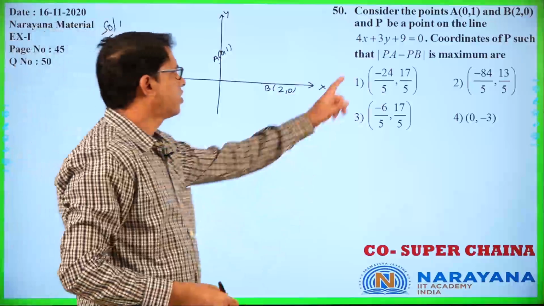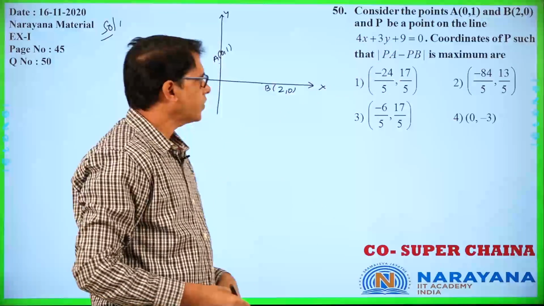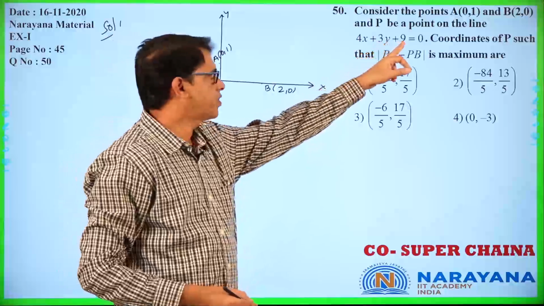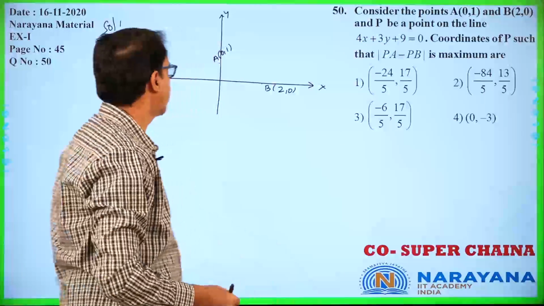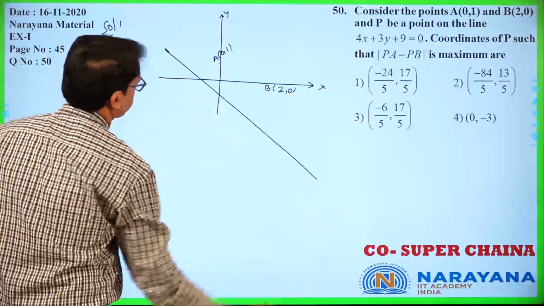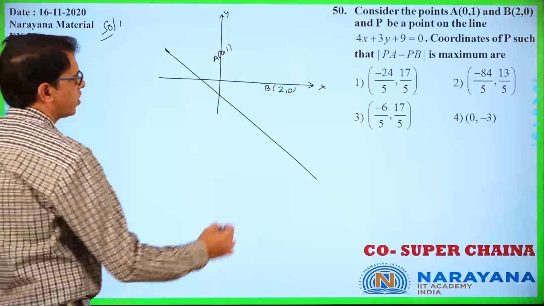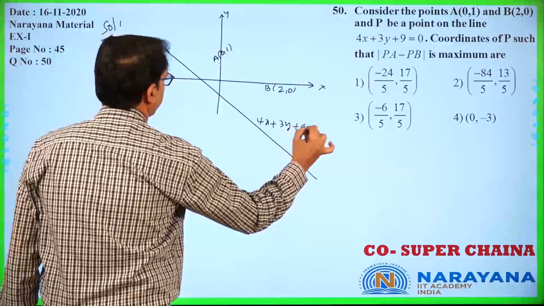Now this line 4x plus 3y plus 9 equal to 0: the x intercept is minus c by a, the y intercept is minus c by b, negative, means the line may be somewhere here. This is the given line, okay? So this is 4x plus 3y plus 9 equal to 0.